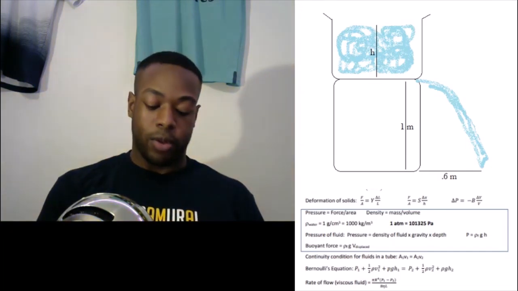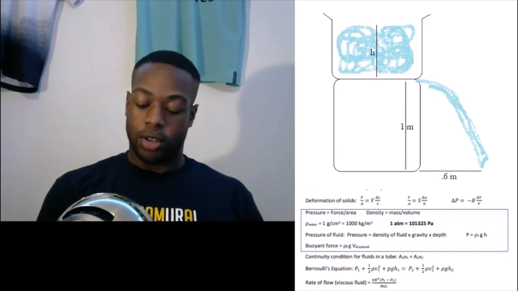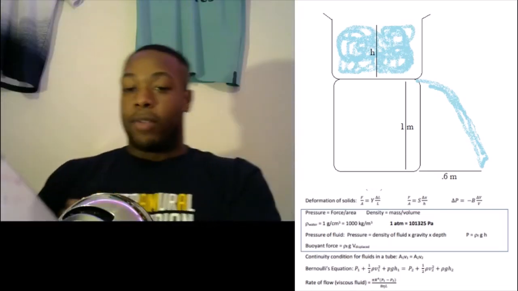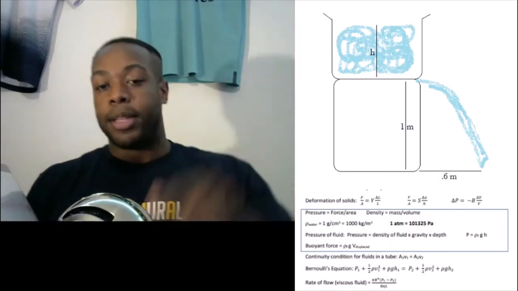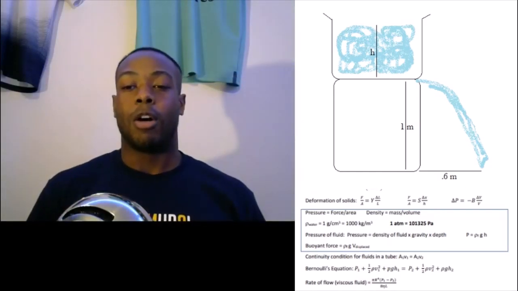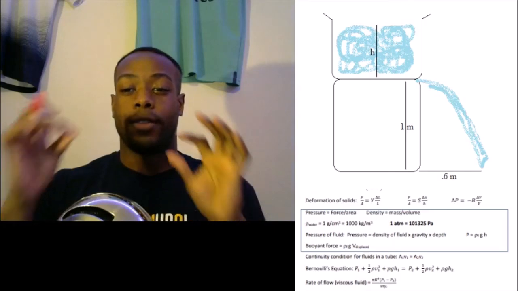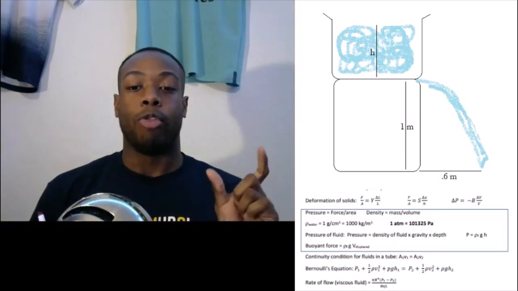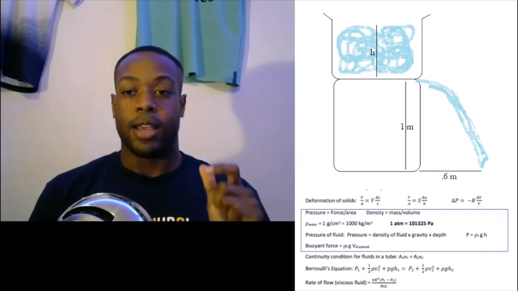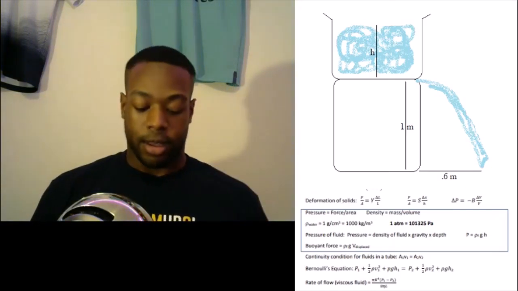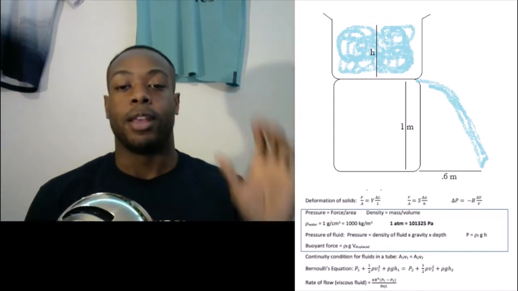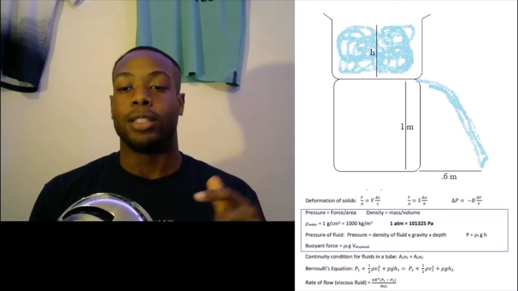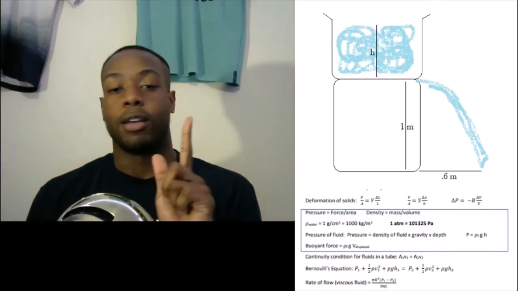So A1 V1 equals A2 V2. If we have a huge area at the top of the tank compared to the small area of the little hole, for the continuity condition to make sense, the velocity at the tank's surface is going to be super low compared to the velocity of the water leaving the hole.